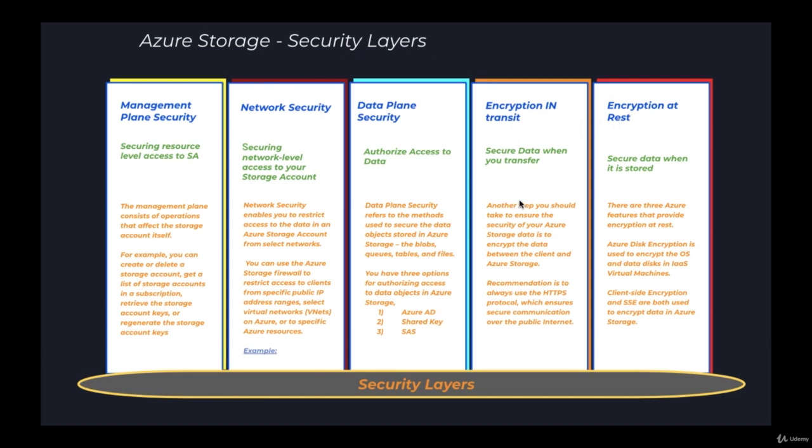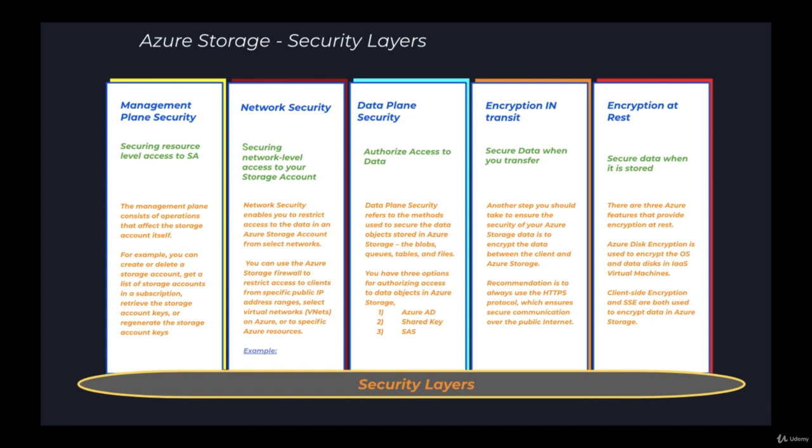So encryption in transit, like securing your data when you transfer your data. So in this case, this is like another step you should ensure for the security of your Azure storage: to encrypt the data between the client and Azure storage. So it is always recommended to use the HTTPS protocol to encrypt the data between the client and the Azure storage.